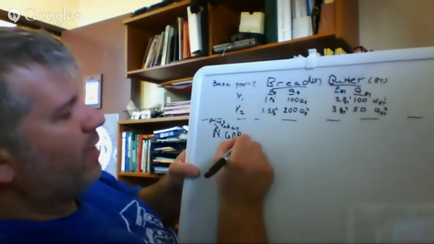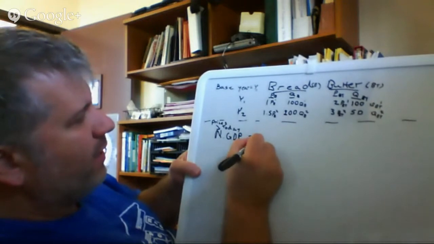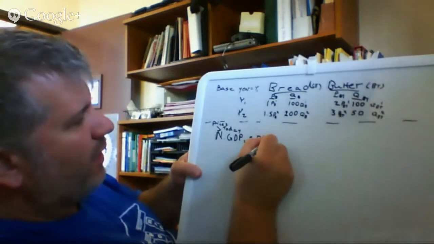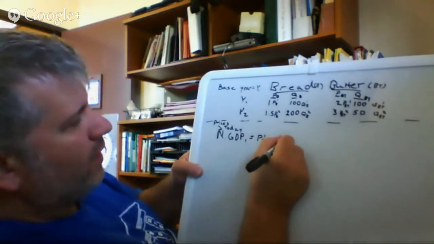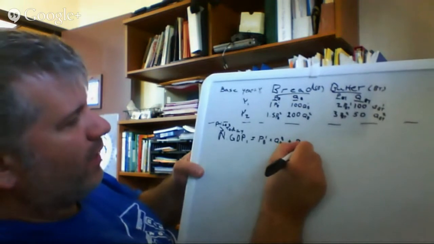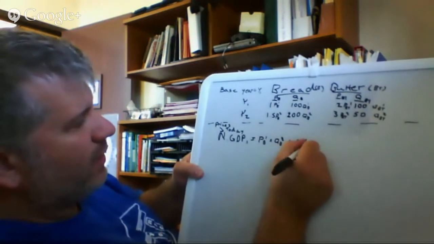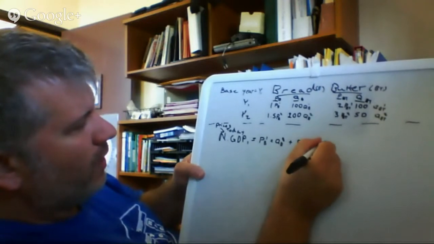Okay, so nominal GDP is equal to the price of bread in year 1 times the quantity of bread in year 1, plus the price of butter in year 1 times the quantity of butter in year 1.